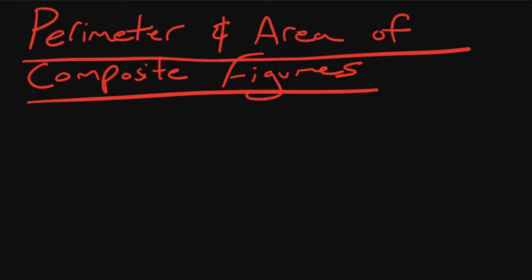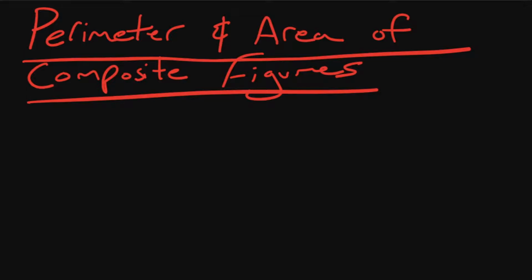In previous videos we looked at how we could find area and perimeter of various shapes like a triangle, square, rectangle, circles, everything. So in this video we're going to apply what we've learned.